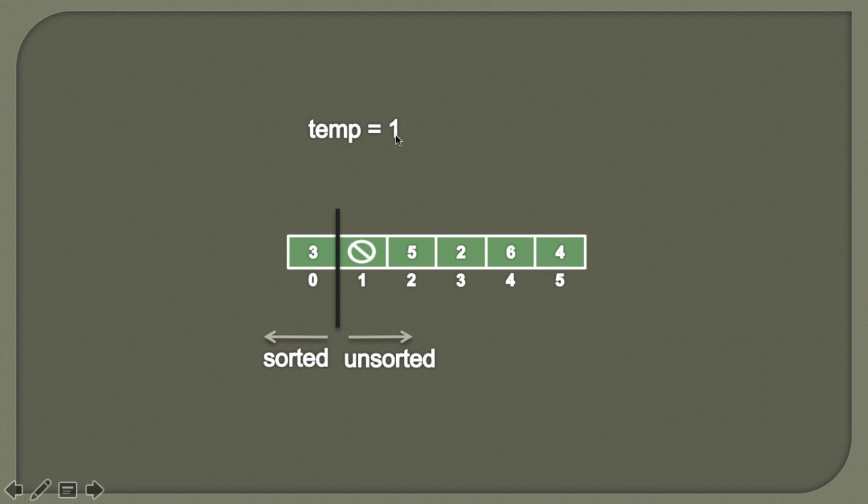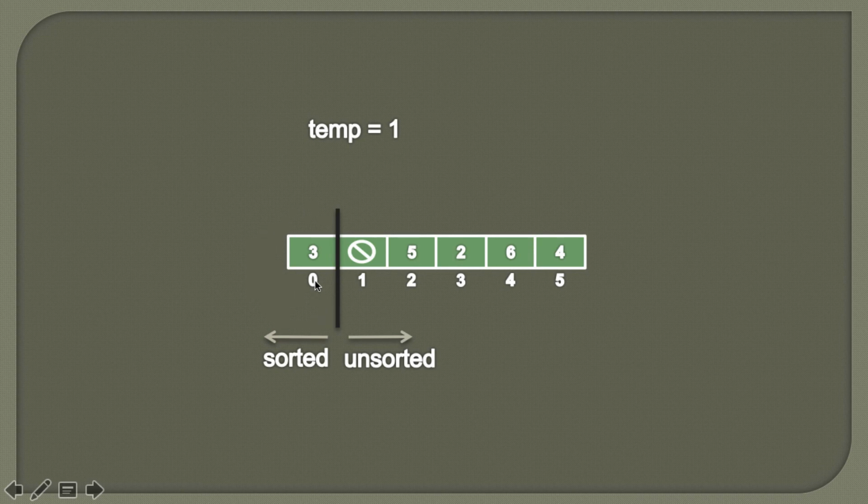After providing this empty space, we compare 1 with the elements in the sorted array. As we are sorting this array in ascending order, we check whether 1 is less than 3 or not. Here 1 is less than 3, so 1 should come before 3. Here you can see there is no space.